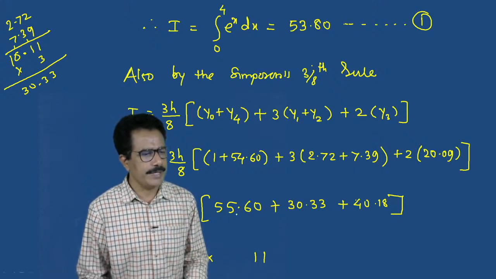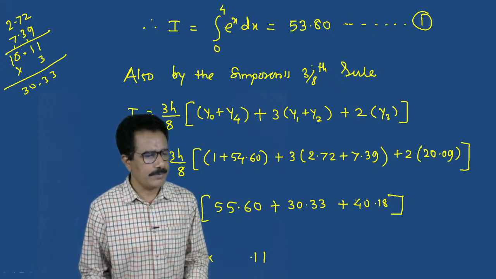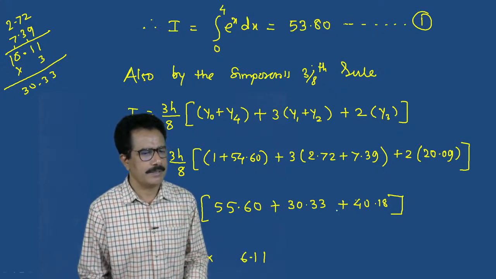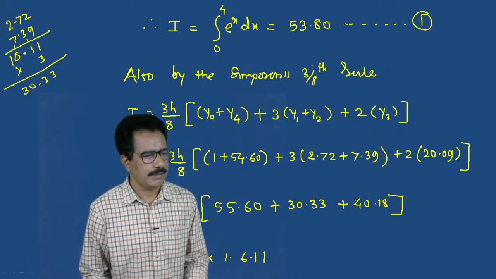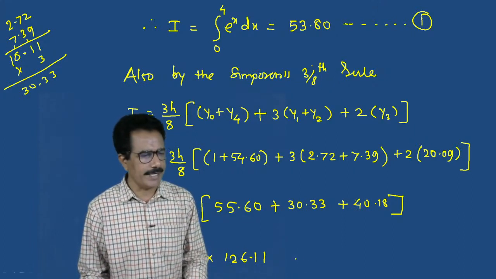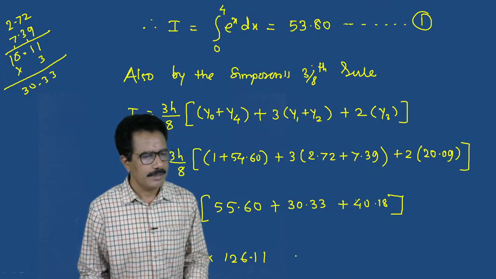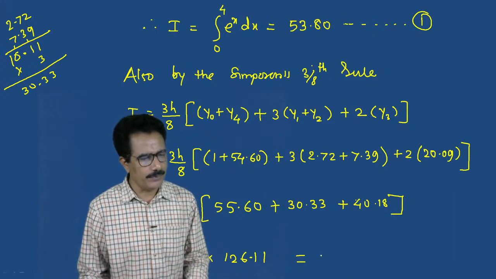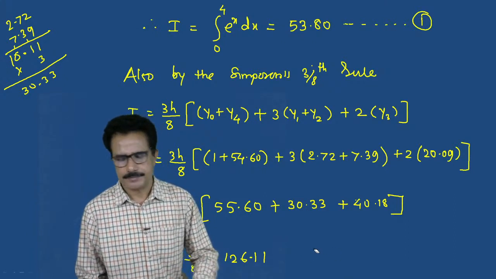So 5 plus 1 means 6. 5 and 3 is 8 and 4 is 12. 160, 40.18 comes as the final answer? Okay, I shall write this as 40.18.